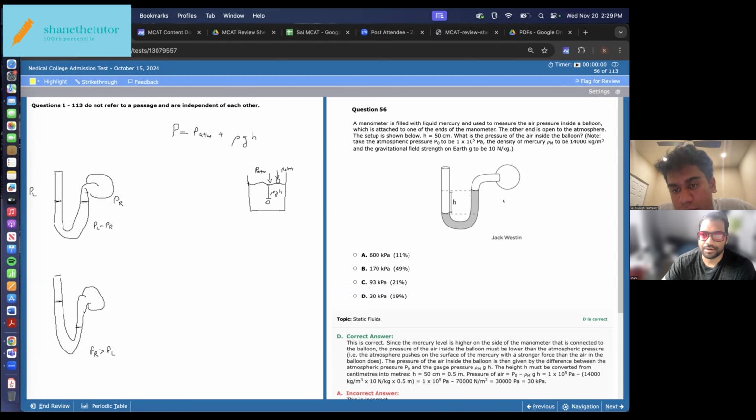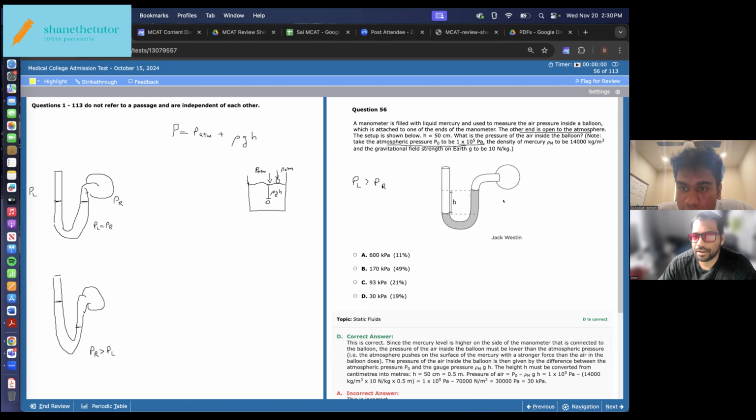Now, how many kilopascals is that? I think that is 1 times 10 to the 2 kilopascals, so 100. So we could say 100 kilopascals is atmospheric pressure.